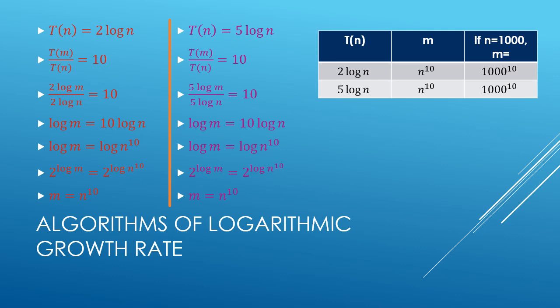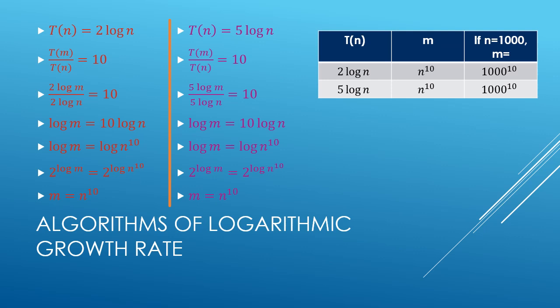Actually, it is a speed up larger than the speed up of the machine. The speed up of the machine was only 10, but the improvement in data size is a lot more than 10, as you can see here. The curious thing is, for both logarithmic algorithms, the improvement in data size is the same.